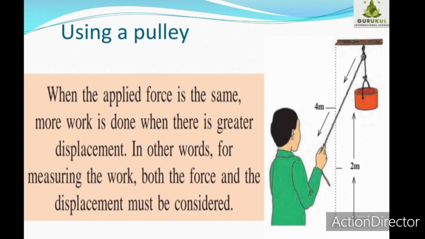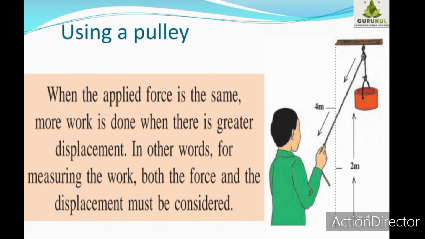Then tie a load of 2 kilograms at one end. Here you can see in the picture how the load is tied at one end of the string. So tie a 2 kilogram load at one end, then hold the other end of the string and pull it downwards, toward your side, to lift the load.